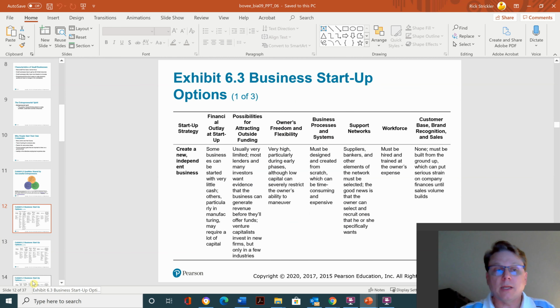Okay, next. Business startup options. The strategies: create a new and independent business. Financial outlay startups. Some businesses can be started with very low cash, like I was saying with the lawn mowing, or if you already have your license, or depending on which state you live in, license or permit to do hair or nails or anything like that.